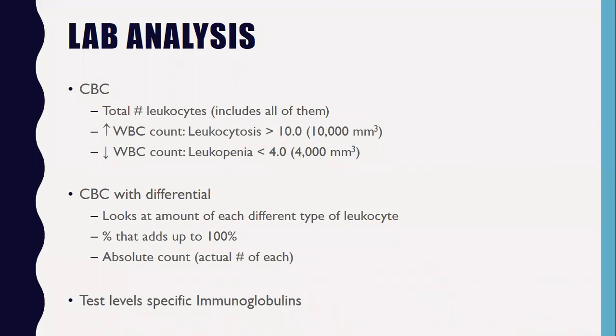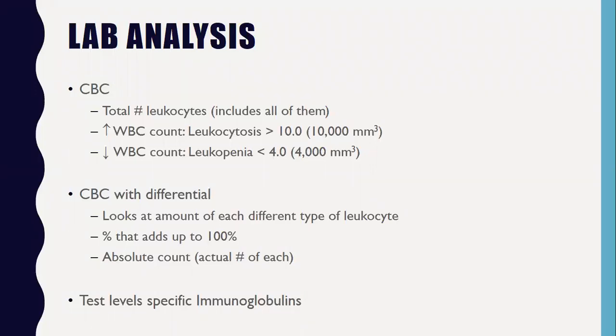All right, so let's look at our lab analysis and what we're going to look at. Your CBC is going to tell you your total number of white blood cells. So when it says WBC, that is all of those white blood cells, the eosinophils and neutrophils and basophils, it's going to be everything.